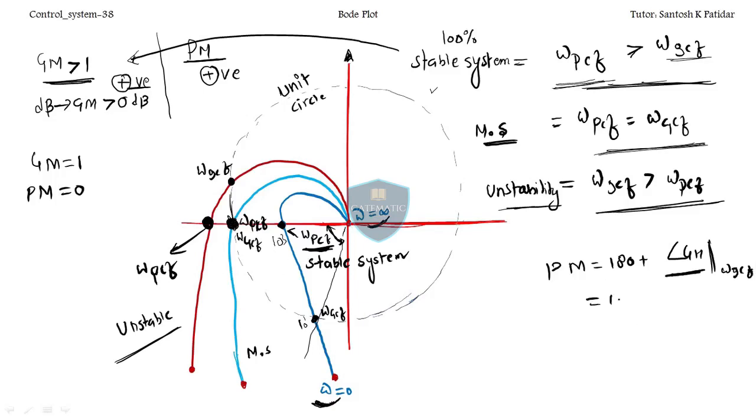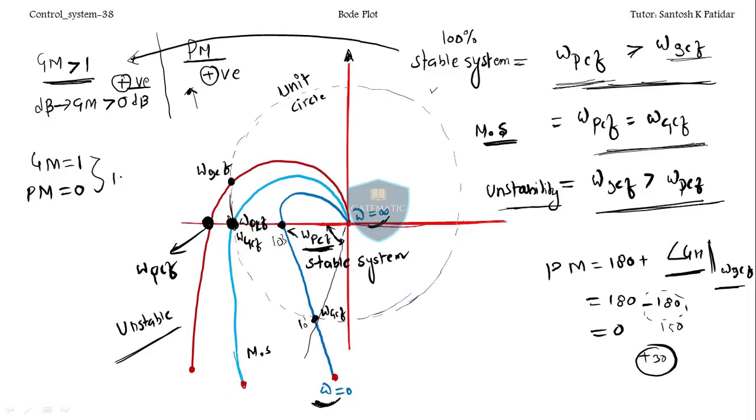That will be minus 180 degrees and the PM will become 0, isn't it? When you calculate at omega GCF, you will definitely get the negative. You can try it. So it will become 0. Because of this I am saying if you get minus 150 over here, you will get plus 30. Plus 30 belongs to the stable system category. So this is the relation or condition for GM and PM for marginal stability.